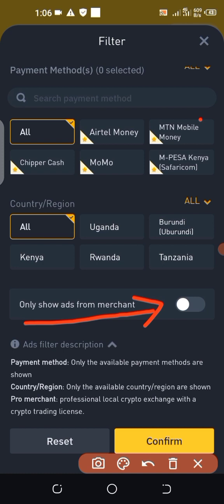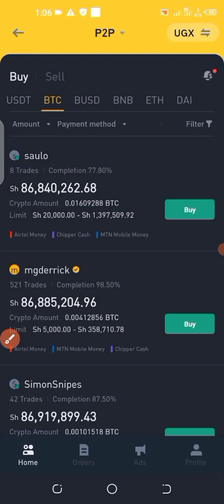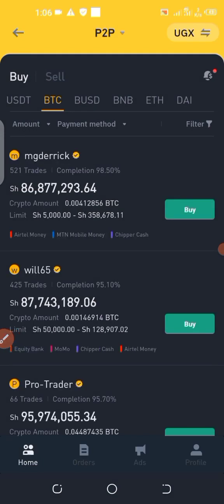So instead, I would recommend that you go to only ads from merchants. You understand? After tapping it on, then you can confirm here. So here you'll be able to see only those people that are verified by Binance.